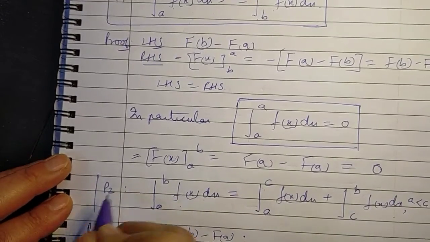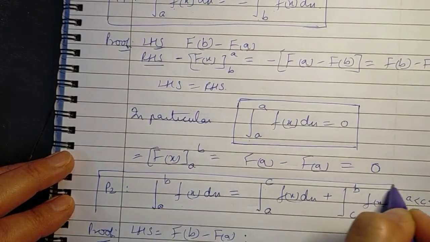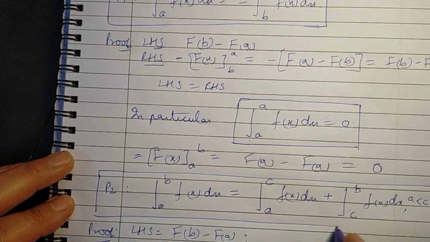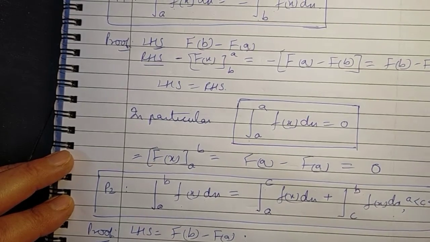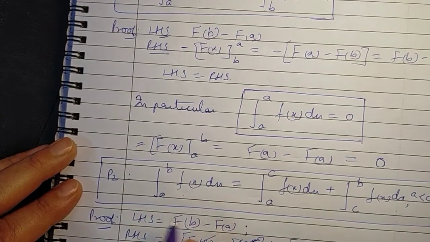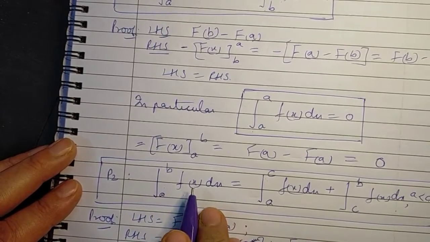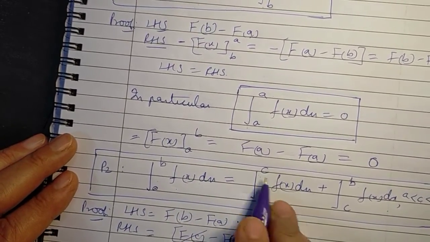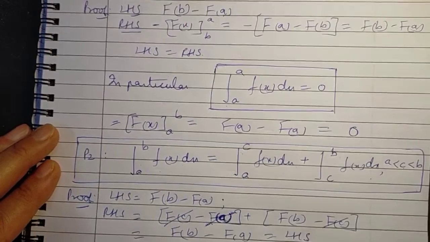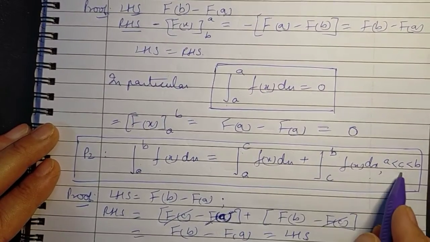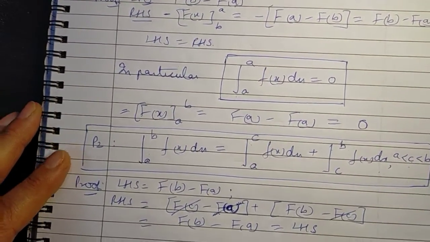And hence we can very clearly say that if you are given any function which is to be integrated from a to b, then we can easily split it up into two intervals from a to c and then add it with from c to b, where c is a point lying between a and b.